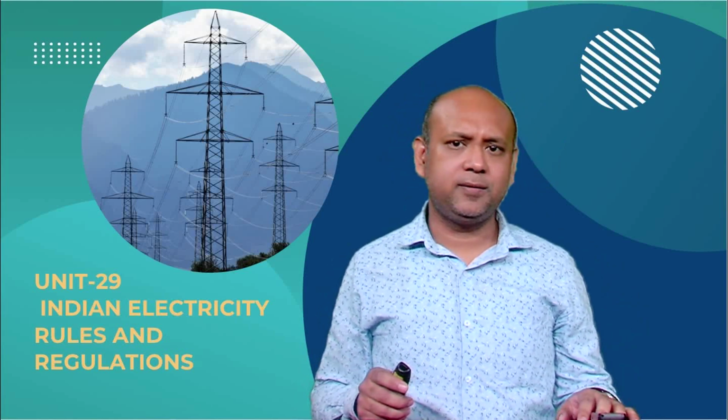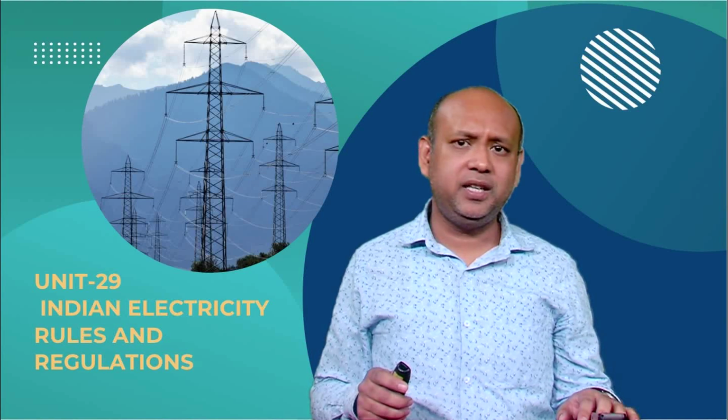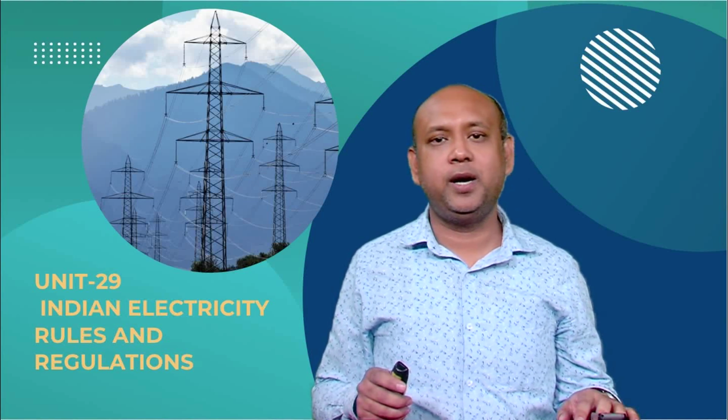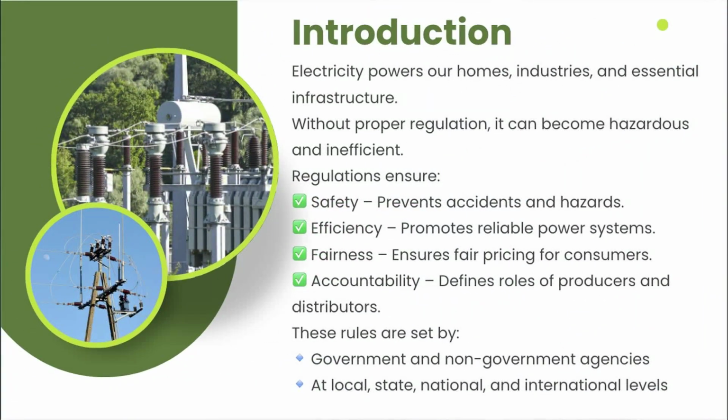So dear learners, we all know that electricity is a fundamental part of our lives. It powers our homes, industries, and essential infrastructure. However, without proper rules and regulations, electricity can be hazardous and inefficient. That's why clear guidelines are in place to ensure safety, efficiency, and reliability in electrical systems.